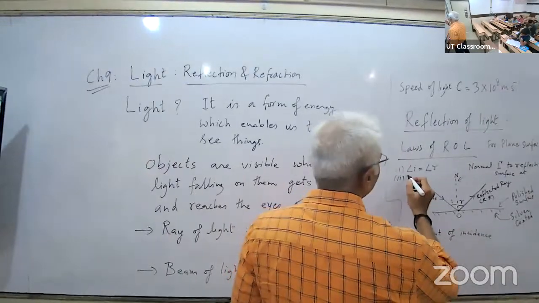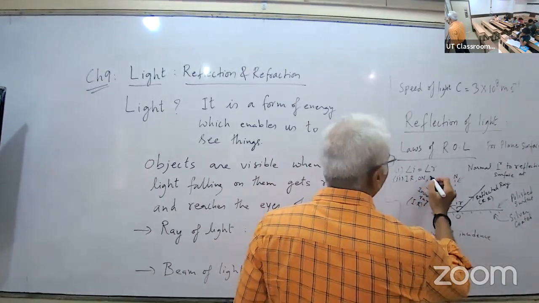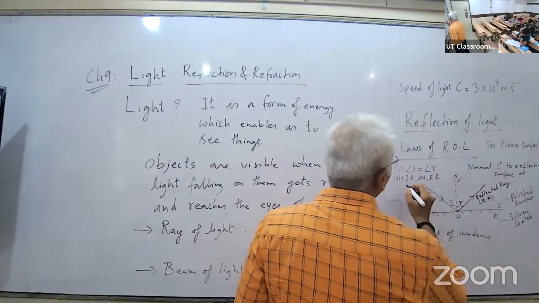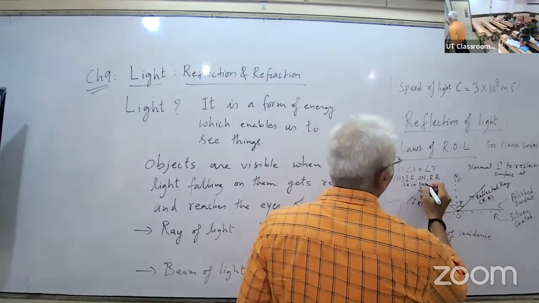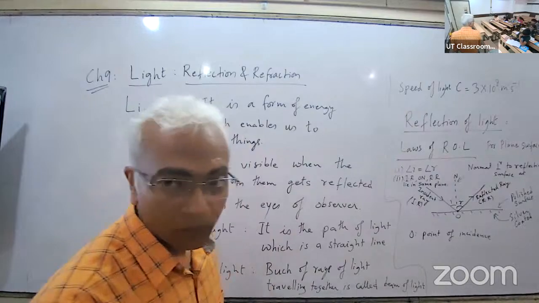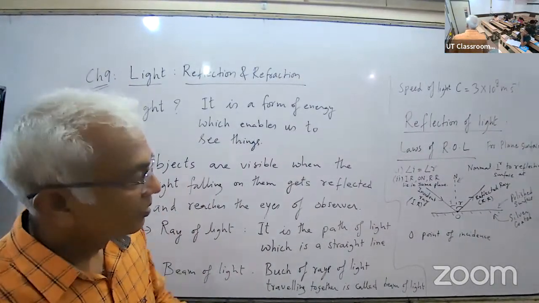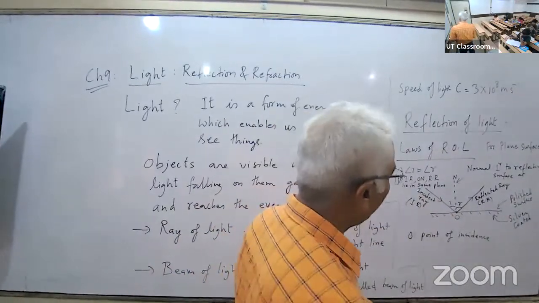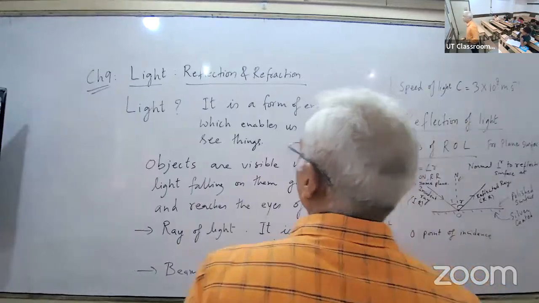So the second law is incident ray, normal, and reflected ray lie in the same plane. So these are the laws of reflection, in the same plane at the point of incidence. So this you already know.